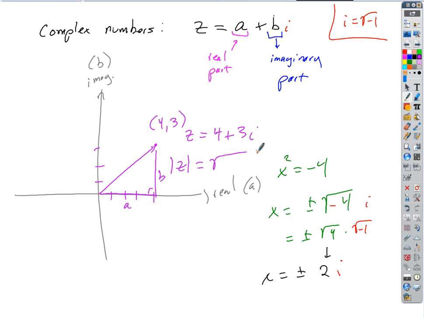Square root of A squared plus B squared. For our example, we have 4 and 3. So 4 squared plus 3 squared is 16 plus 9, which is 25. Square root of 25 is 5. So our modulus would have been 5 in this case, right? That's it. That's complex numbers. That's really all we need to know about them.